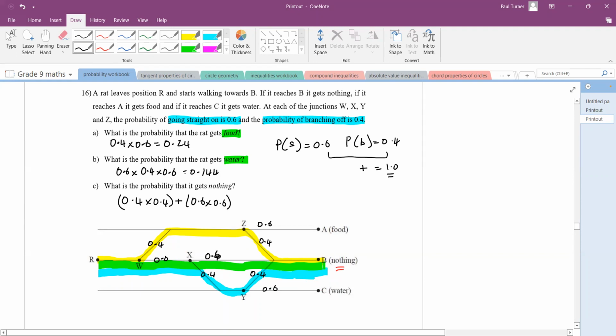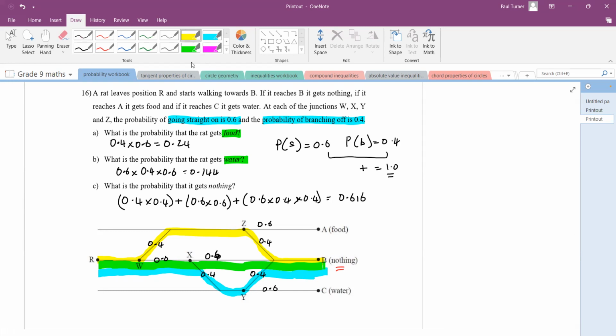So that's going straight, so that's 0.6. So that's the green way. Okay, 0.6, 0.6, plus the blue way. So that's going to be 0.6, 0.4, 0.4 times 0.4 multiplication. And when you add them up, you get 0.616. So a bit more than 60% chance.